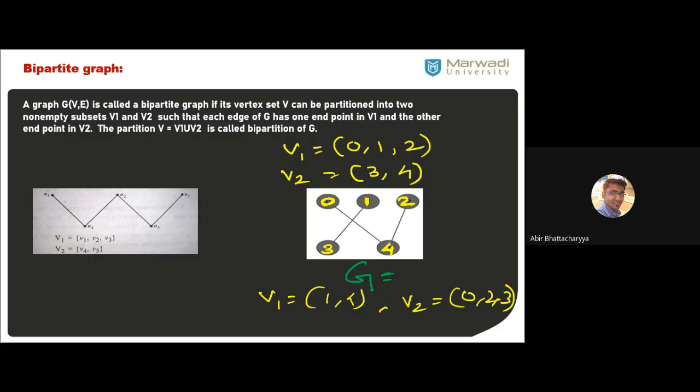Any other partitions possible? I got two answers. One is 0, 1, 2 and 3, 4. Another one is 1, 4 and 0, 2, 3. Any other partitions possible apart from these two?